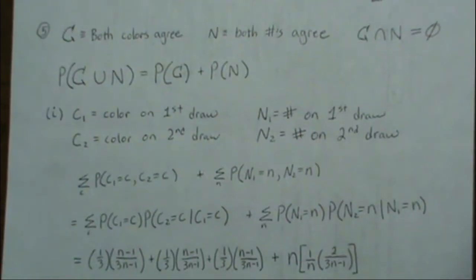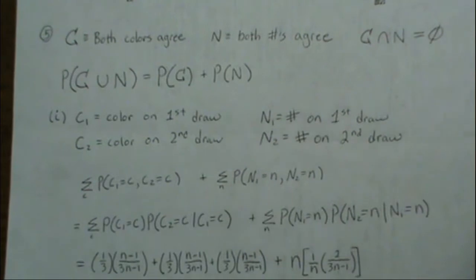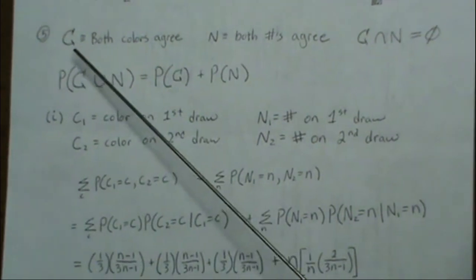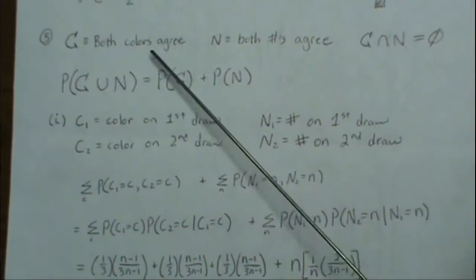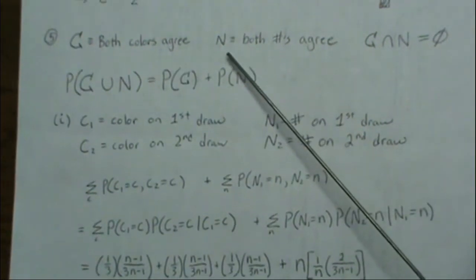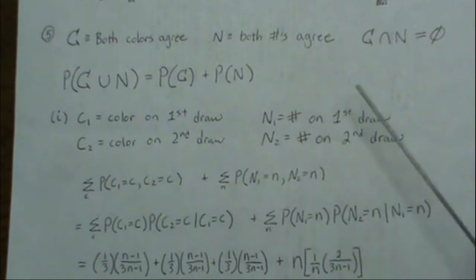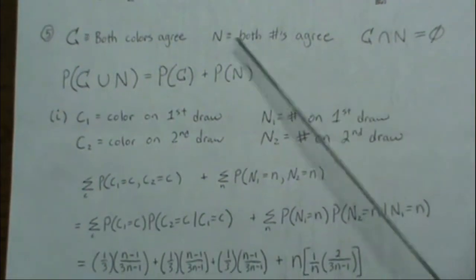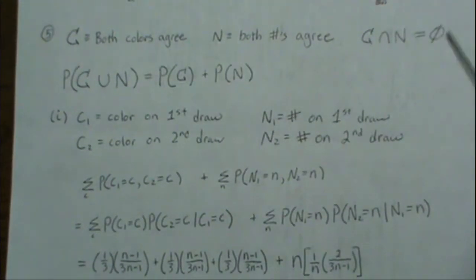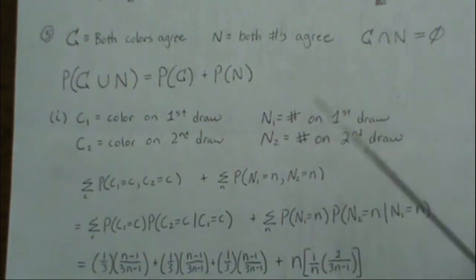So here we have, let capital C be both colors agree and capital N be both numbers agree. Now, since we're only drawing 2 pieces, the intersection of those events is the empty set. If the colors agree, then the numbers can't agree.